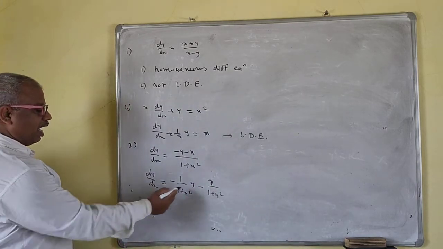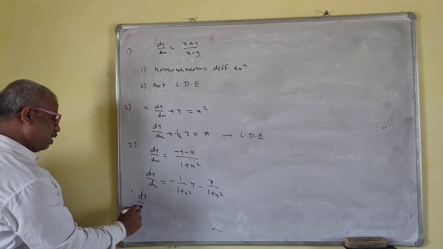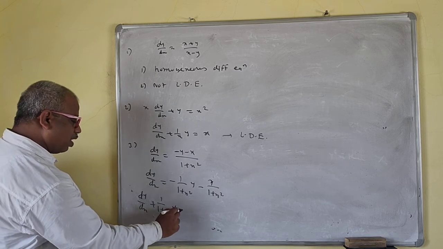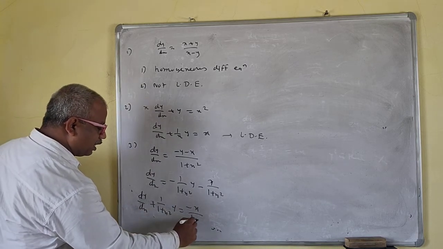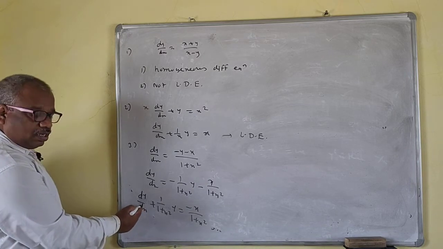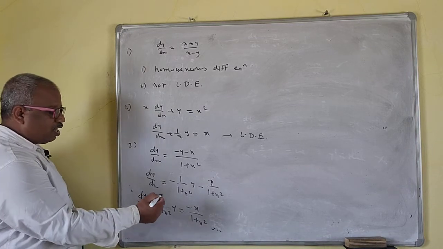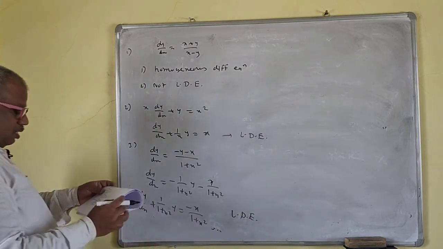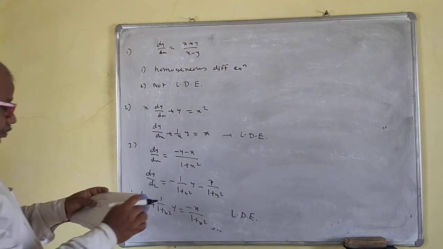I can shift it. So this is dy by dx plus 1 upon 1 plus x square y is equal to minus x upon 1 plus x square. Now see, this is of the form dy by dx plus py is equal to f of x. So this is a linear differential equation.